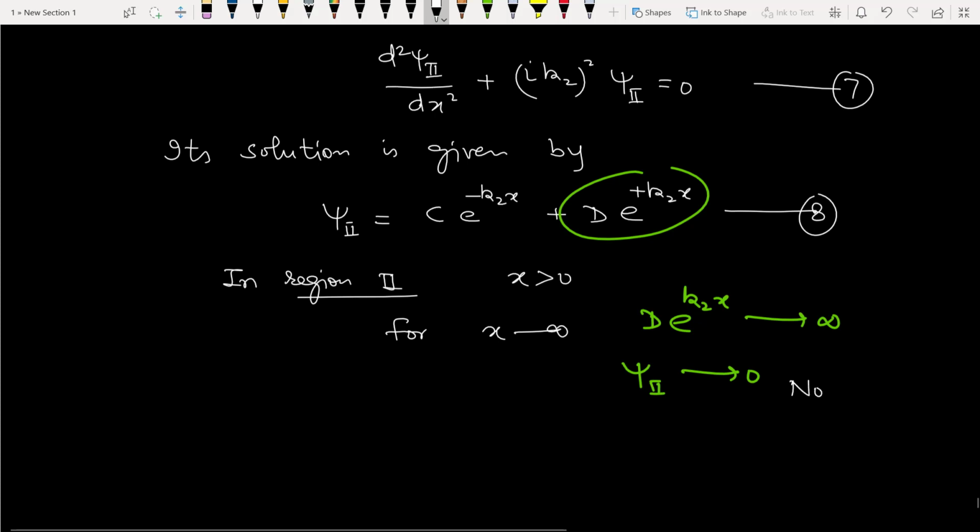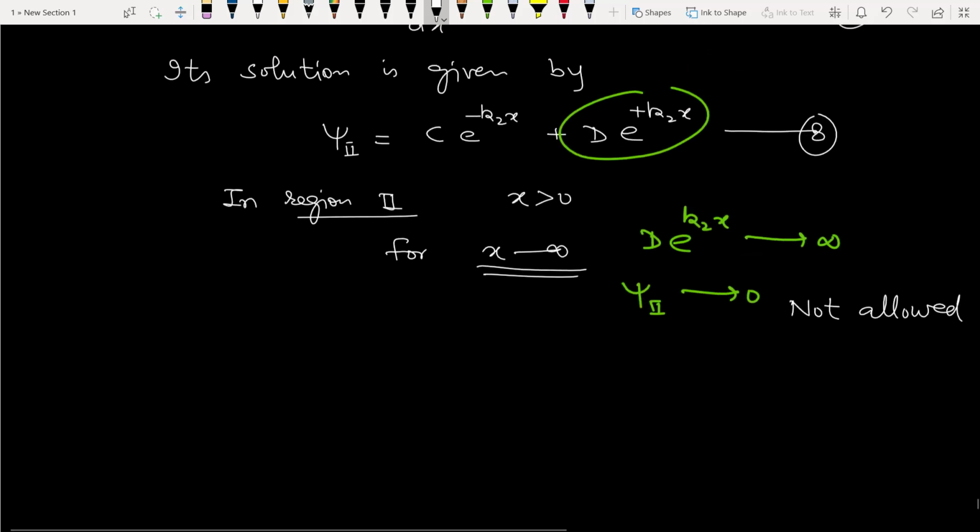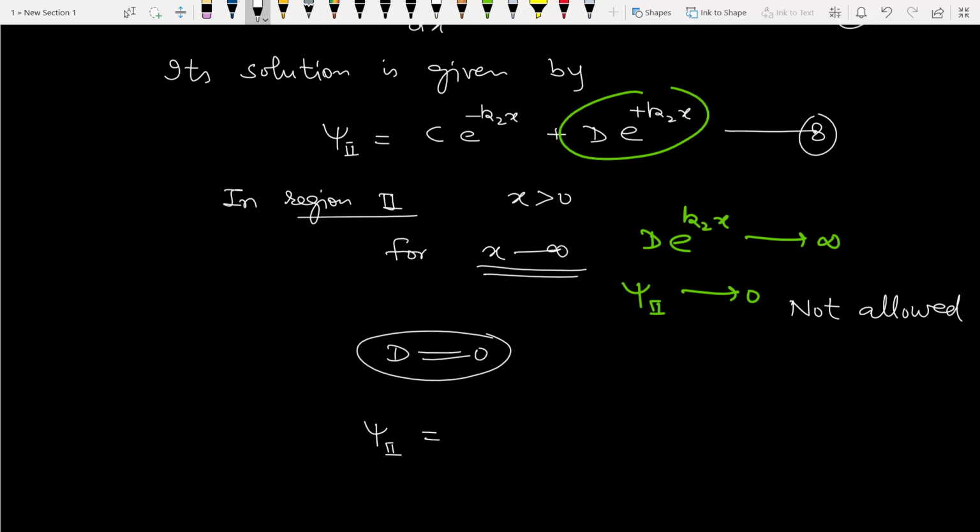This is not allowed, because for a well behaved function it should vanish at x equal to infinity. So we take D equal to 0 to overcome this unacceptability, and our wave function in region 2 will be C e raised to power minus k2x, and we mark this as equation number 9.